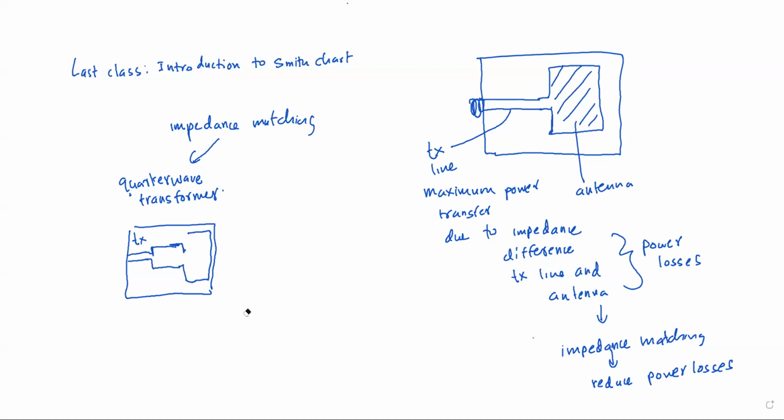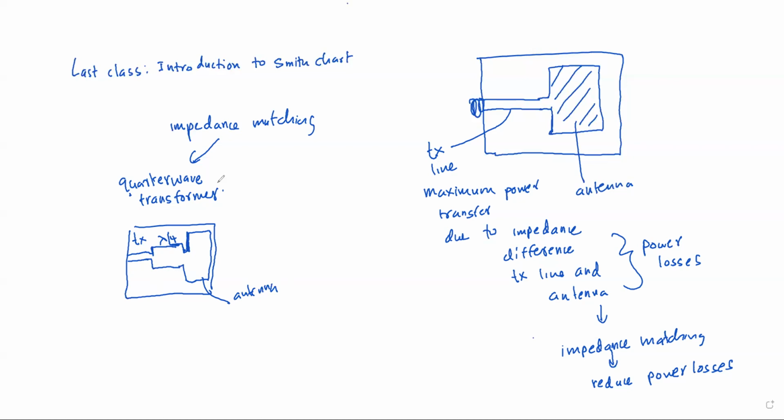So basically we are connecting a piece of transmission line of a certain length that we decide, corresponding to lambda over 4, between the transmission line and the antenna. By doing that, we can achieve some kind of matching, but this length is fixed for all time.